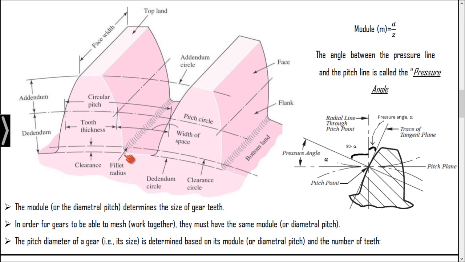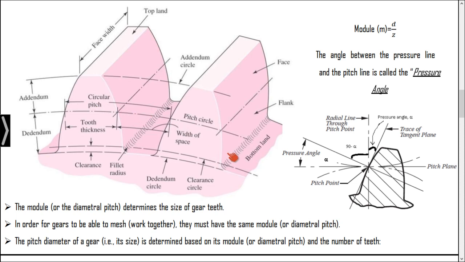We have fillet radius, we have clearance, we have working depth, and this particular length is called the tooth thickness. And the distance between two successive points of a gear, not the straight line distance, the circular arc distance of two consecutive points of two teeth, is called the circular pitch.